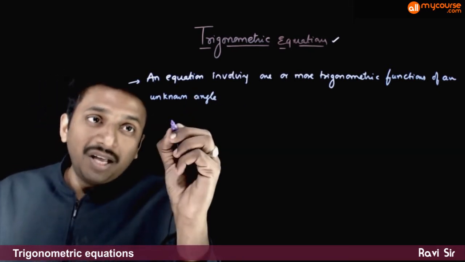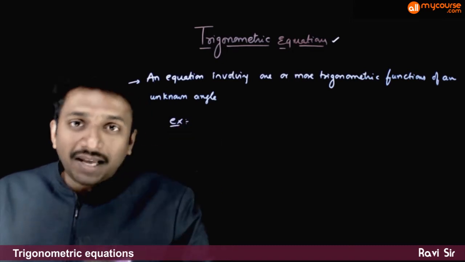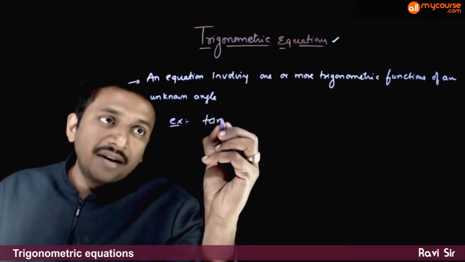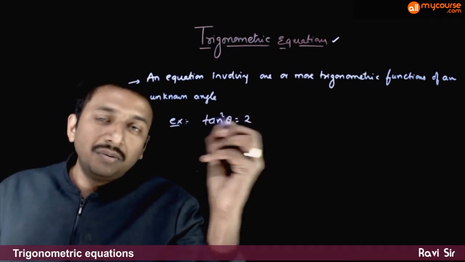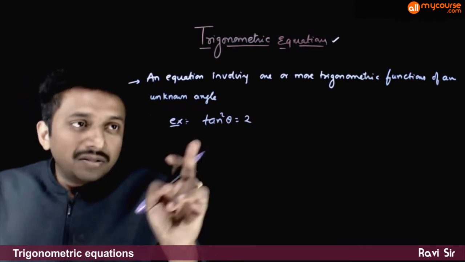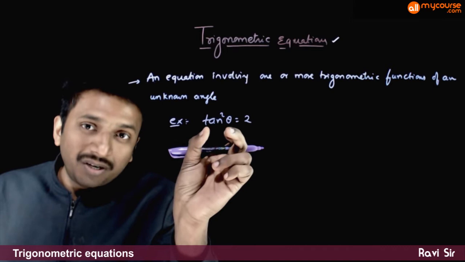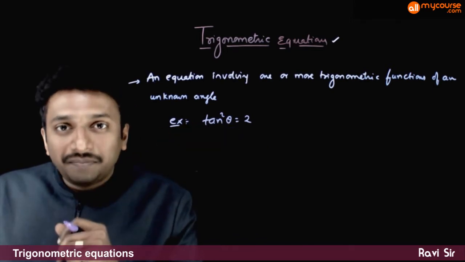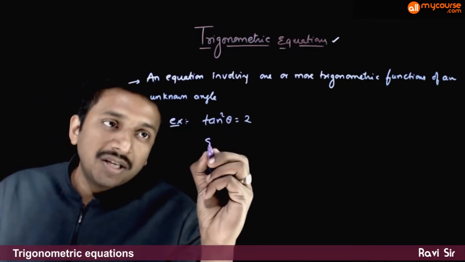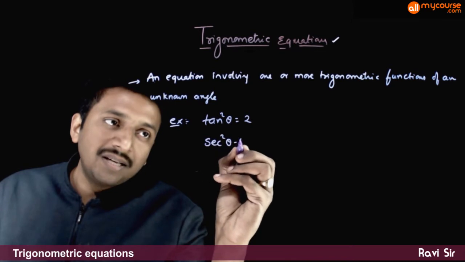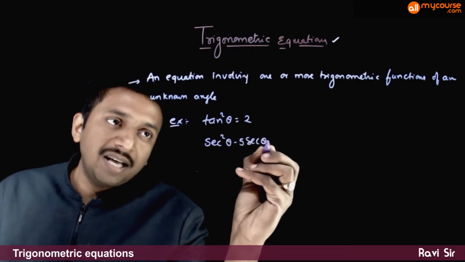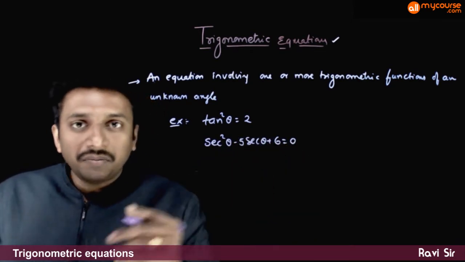So, a trigonometric equation, for example, can look like tan square theta is equal to 2. So, this is an equation involving a trigonometric ratio of an unknown angle. The trigonometric equation can also look like secant square theta minus 5 secant theta plus 6 is equal to 0.